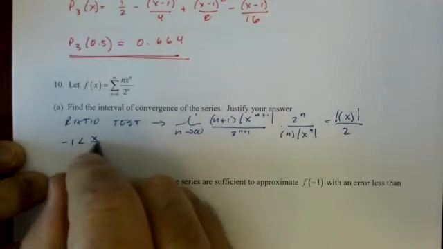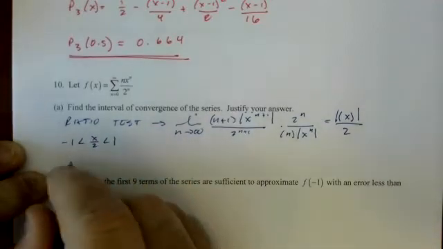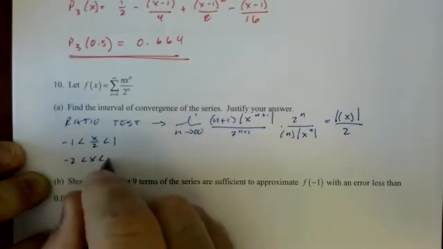Negative 1 less than x over 2 less than 1. Negative 2 less than x less than 2.